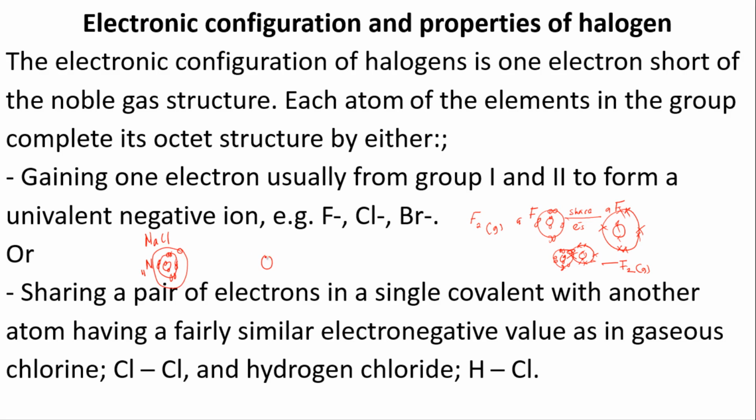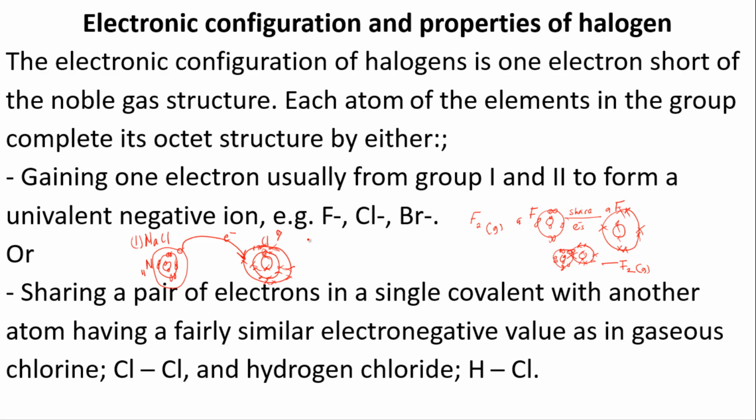Meanwhile, chlorine is 17. This one has 1. You need 7 to become complete to make 8. This one needs 1 to make 8. What will happen? This one will decide to transfer 1 electron to this. And this is group 1. Sodium is in group 1, you need to understand that, while chlorine is in group 7.